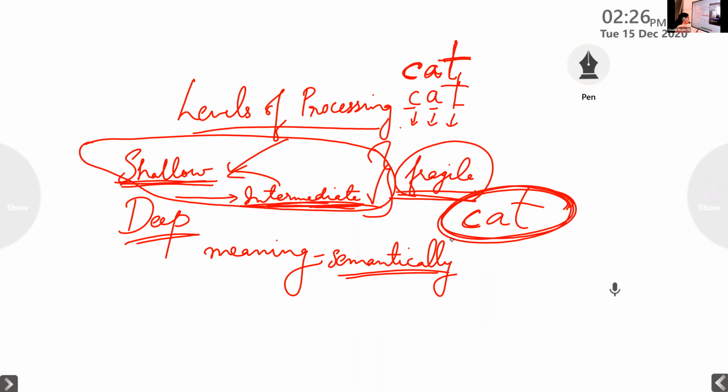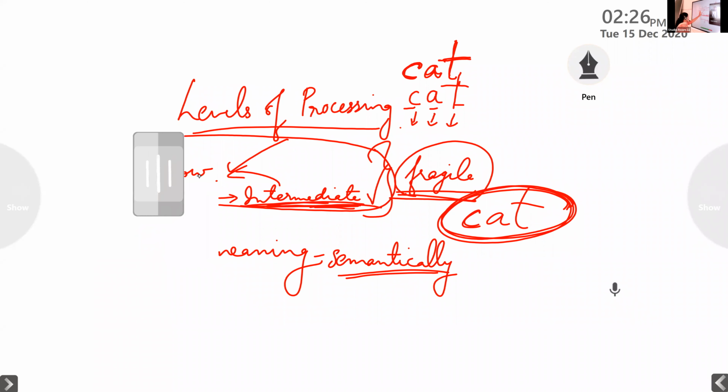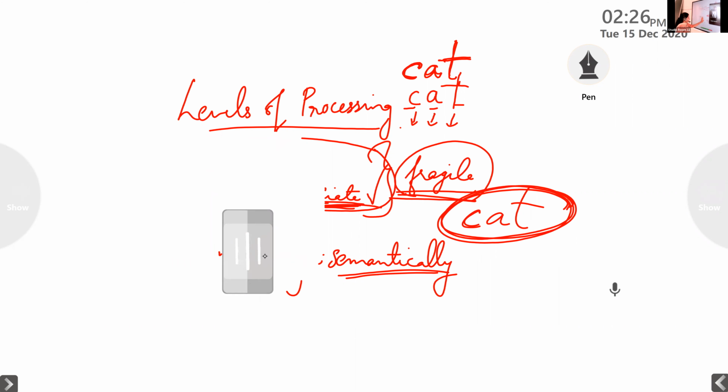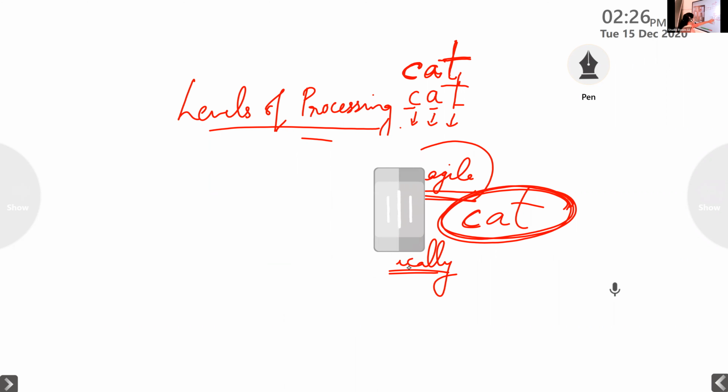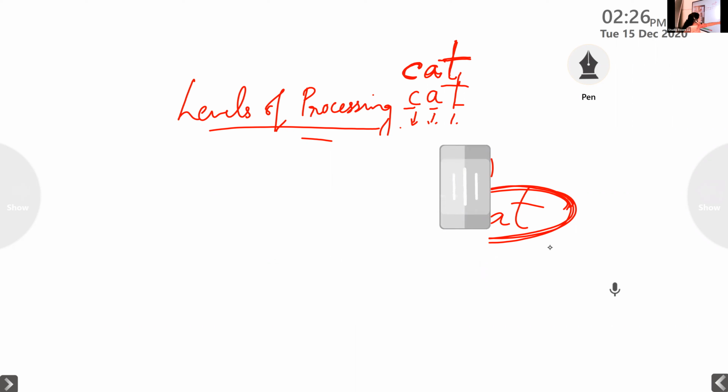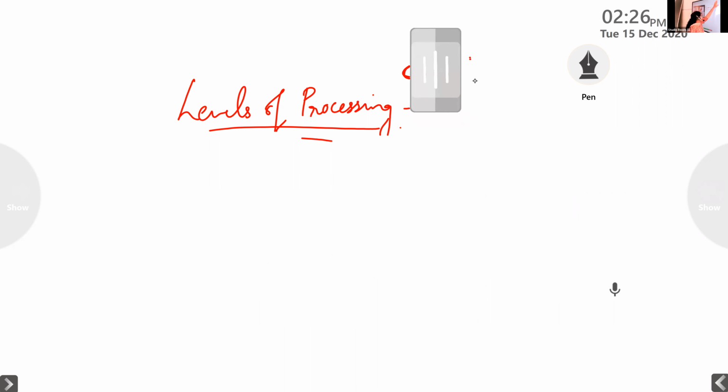If something has to be present in the memory, if it has to remain intact there, then it has to be understood in terms of its meaning first. In terms of meaning means semantically. So semantically the information is processed in which level of processing? Shallow or deep?